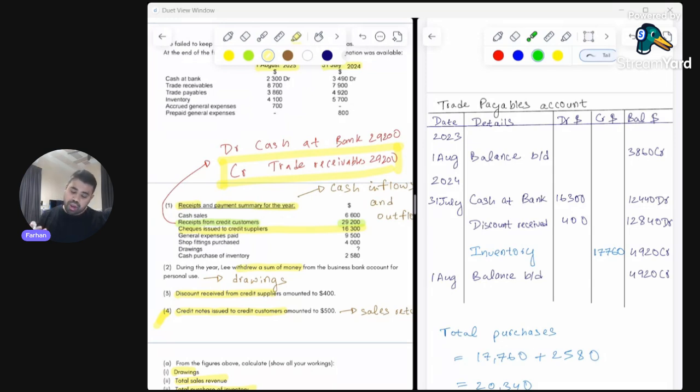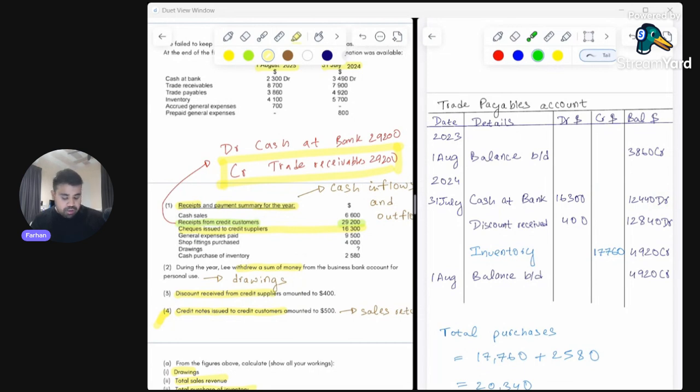That is why in the trade payables ledger account, you can see the $16,300 of payment that I've made is recorded on the debit side, with the relevant cross-reference in the details column being the cash at bank account. So 16,300 debit now gets deducted from 3,860 credit, which leaves us with 12,440 debit, because obviously we've got more debits than credits now.